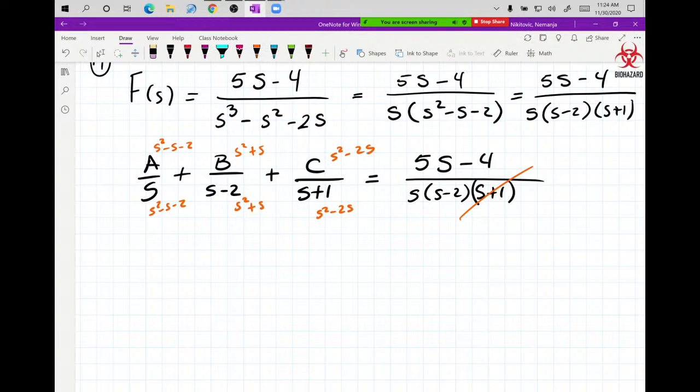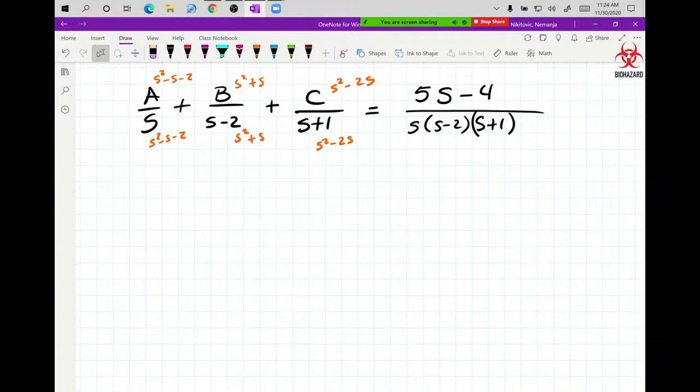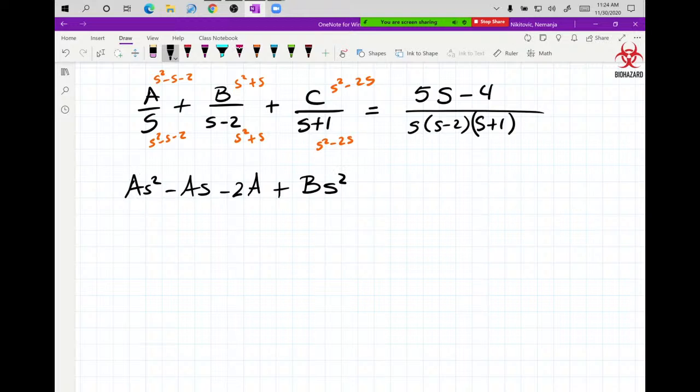So we multiply each term by whatever it's missing from the common denominator. And then we can just drop denominators, right, because they will be the same on both sides. We get As squared minus As minus 2A plus Bs squared plus Bs plus Cs squared minus 2Cs equals 5s minus 4.